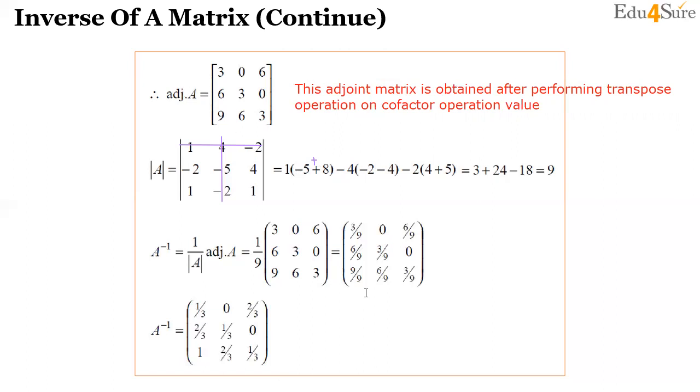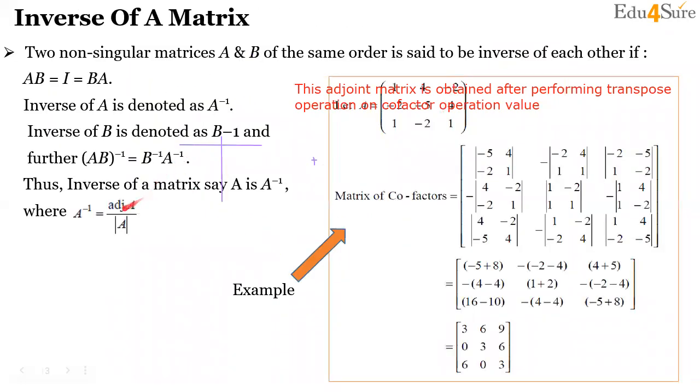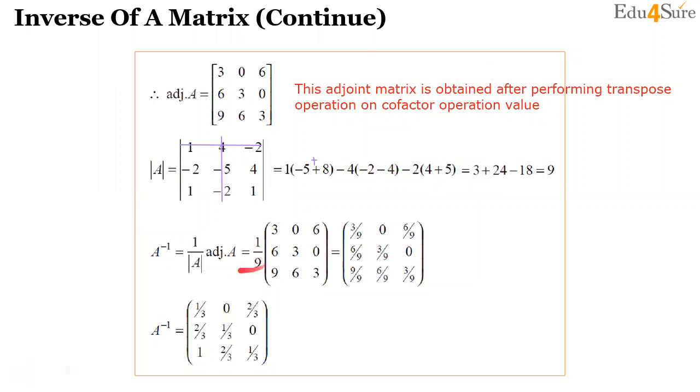So if you remember, I told you the formula for calculating the inverse is this one, right? A inverse equals adjoint A over mod A. So now when you do the operation, 1 by 9, this is your determinant value.